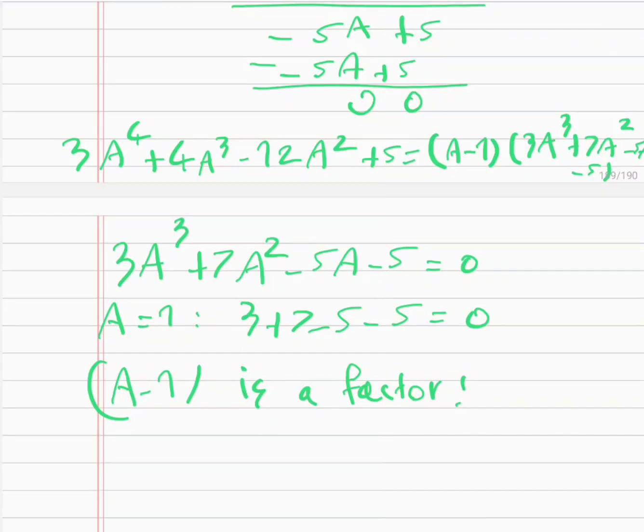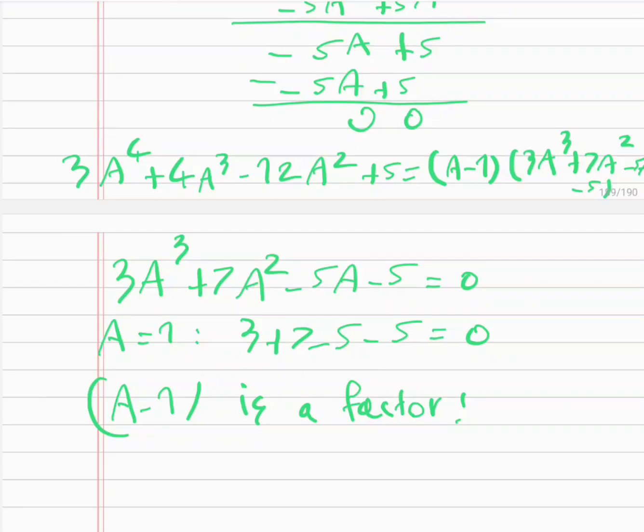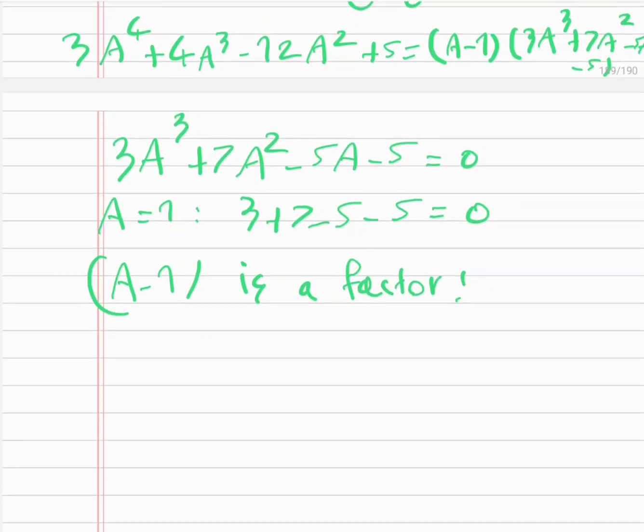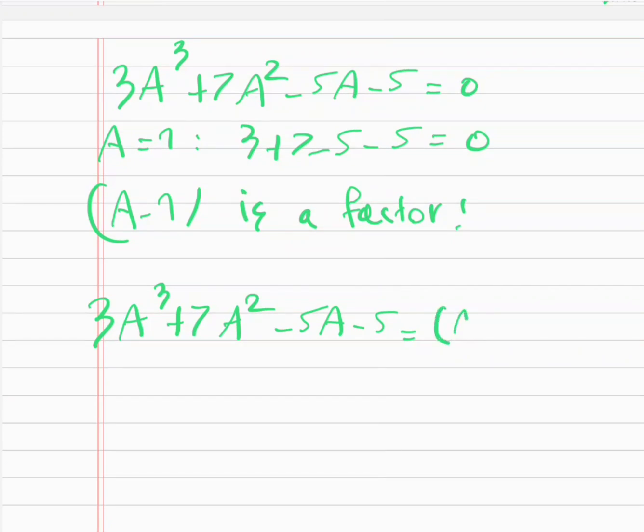So a minus 1 is also a factor, again from the factor theorem. So therefore that means that we can then go through the long division and just divide this cubic by a minus 1. And as a result of that, we are going to get this. So this time I'm not going to solve the long division to save a bit of time, I will just write down the factors. So a minus 1 is obviously a factor.